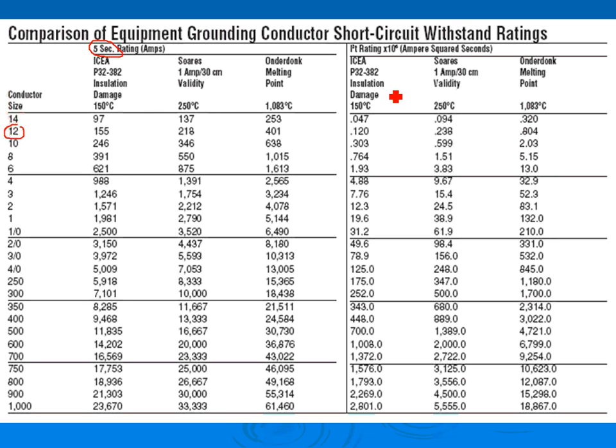For 5 seconds, how many amps can you pull out of number 12? This is the withstand rating. After this, the THHN can start melting. If you reach this, you start smelling things first and then melting, and the copper will melt too. So that's 155 amps, number 12 for 5 seconds.